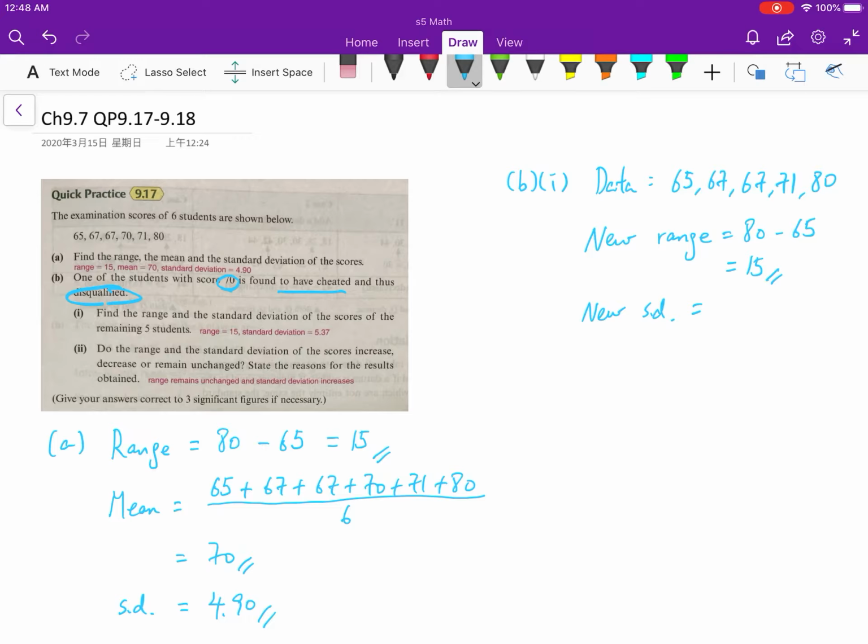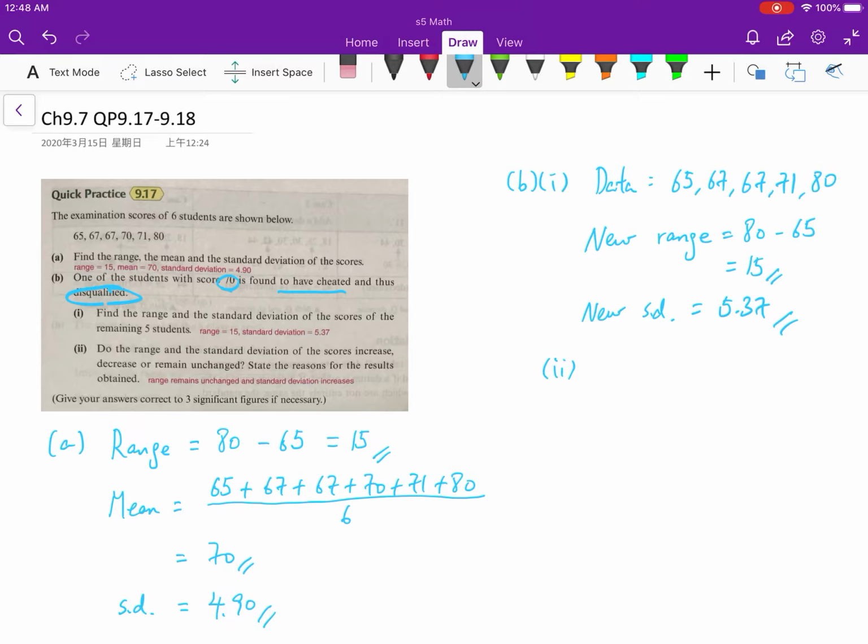And for the new SD, we can use the calculator to find it again. Because the data is removed, you need to clear the data and then input these 5 data again into the calculator. Then you get this answer.